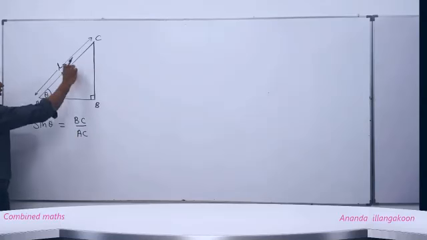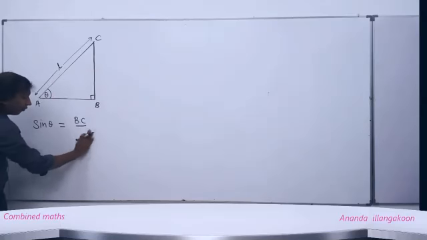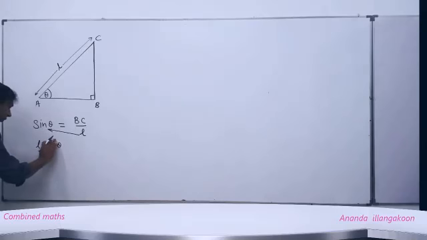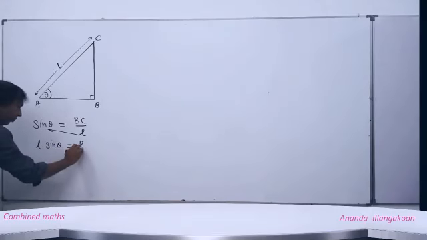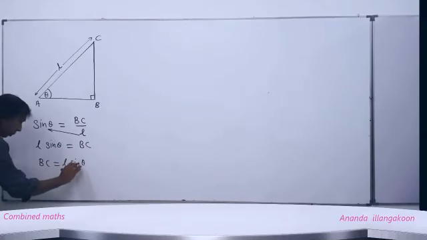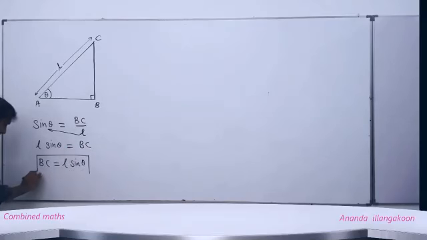But this AC is L. I am going to put L here. Now I can use a cross multiplication to this end. It is nothing but L sin theta equals BC. That means, people, BC equals L sin theta.